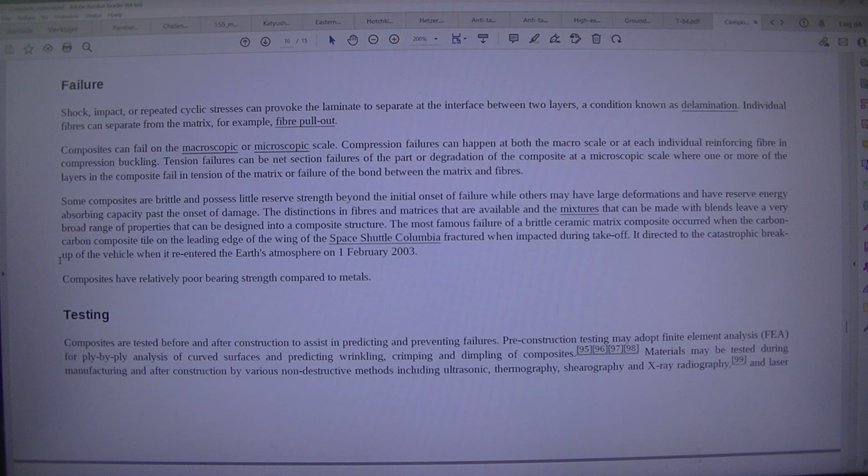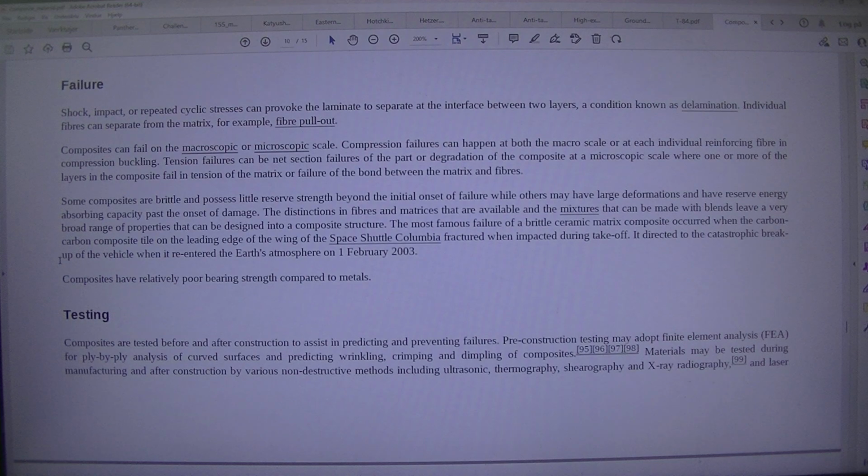Specific strength: 1.8 x 10^6, 4 x 10^6, 1 x 10^6, 1.8 x 10^6.